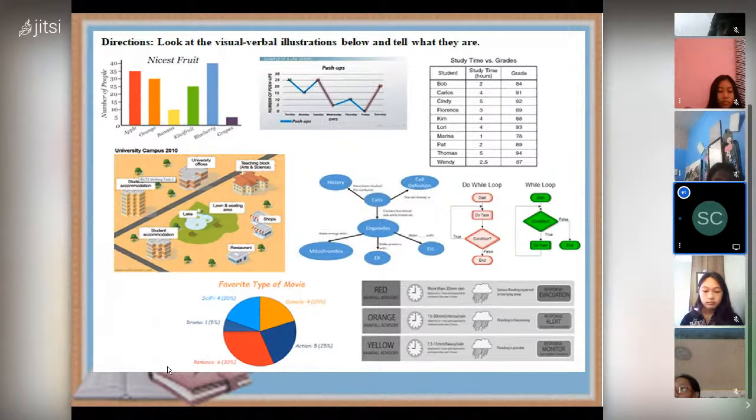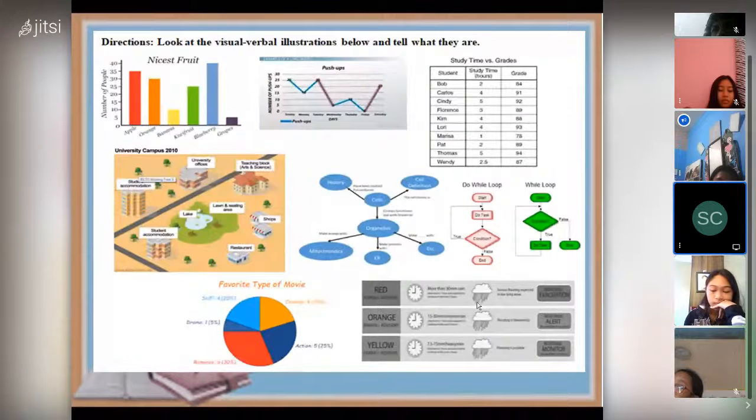Are there pictures? Yes, sir. So what are the visual images in the picture? The clock, and the clouds with rain. Okay. It's the clock and the clouds with rainfall.